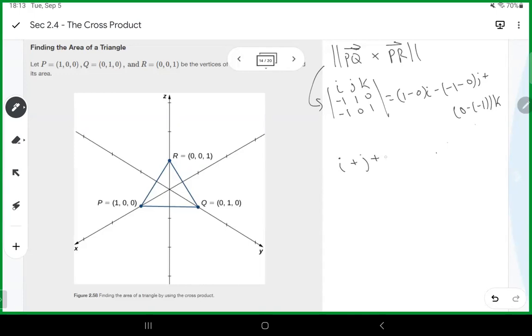That almost seemed intuitive when you read the problem. And then that's just the cross product. That's just PQ cross PR. Okay. So now we have to find the magnitude.